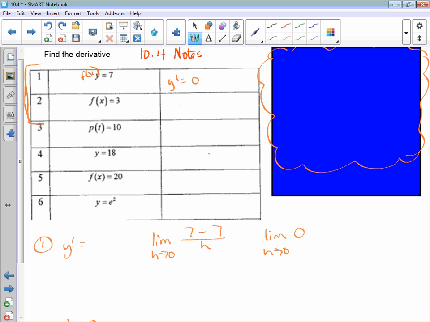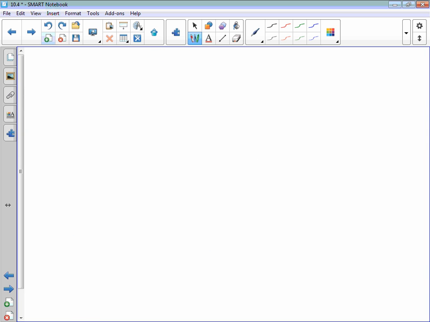Guys, some people definitely struggle with this idea of f of x plus h just being 7. Think about it like that's just a horizontal line at y equals 7, right? Make a little graph here for you. You don't have to write this part down, but that's just that line.